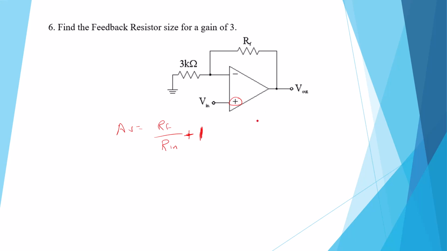And we're looking for RF, so we're going to have AV minus 1, multiplied by Rn, sorry. So we have a gain of 3 minus 1 times 3K equals 8.